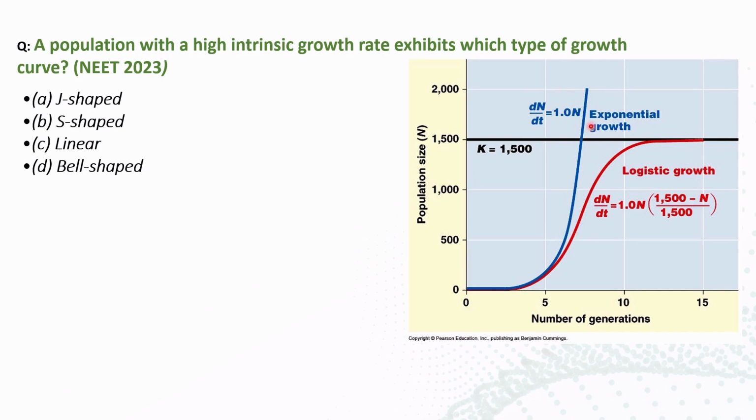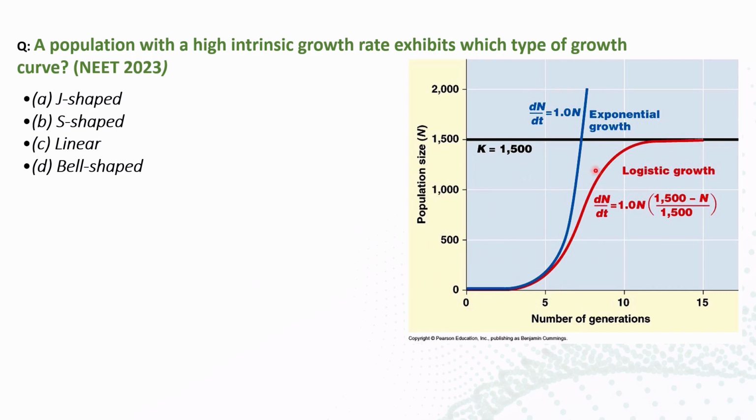So if we see the exponential phase here, exponential growth shows the increase in the number of the population, because the exponential phase is normally shown when the resources are unlimited, means when the resources are available throughout the time, the population growth will show exponentially, whereas in the logistic growth the number of population will also increase at first, but when the resources are limited, means when the resources reach the limit, then they'll not show the growth rate, means they'll maintain the population. So this is the logistic growth here.